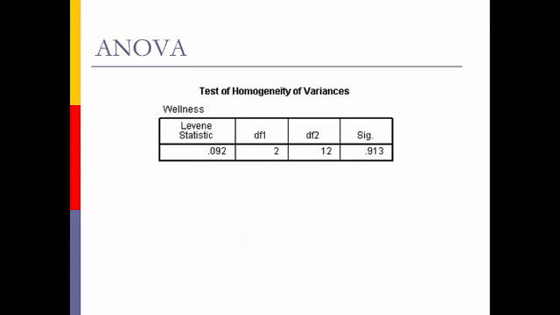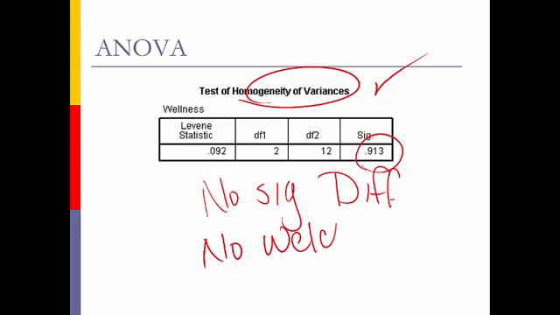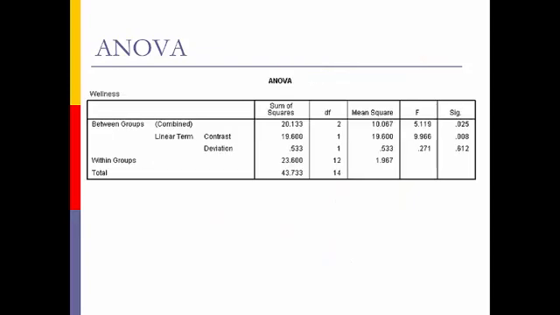The next output you have is whether or not your variances are homogeneous. We have a significance value of 0.9, so we have no significant difference. So we do have homogeneous variances. Because of this, we do not have to report the Welch modification.